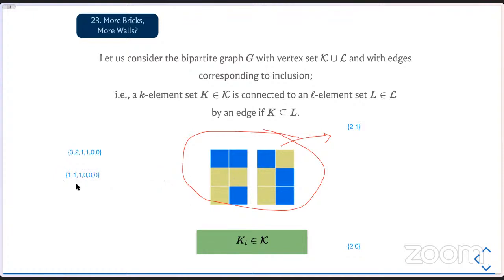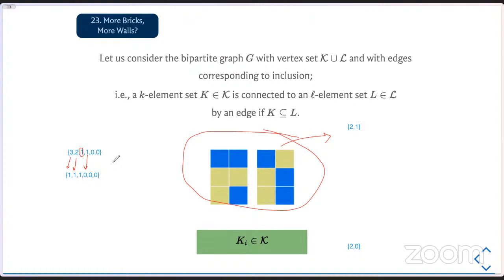The only way I can do this is if whatever column had 3 bricks loses 2 of them, whatever column had 2 bricks loses 1 of them, and whatever column had one brick also has to lose it, and this column stays unchanged. And if you look at different elements of the Li, they have these 3, 2, 1, 1, 0, 0 manifesting in different ways.